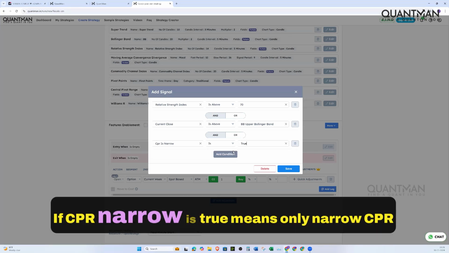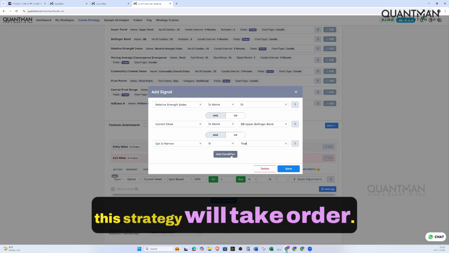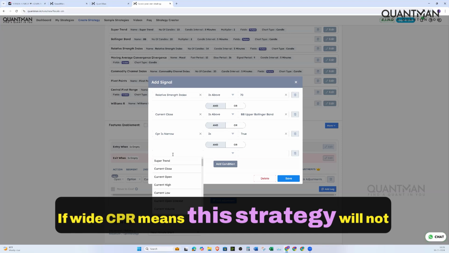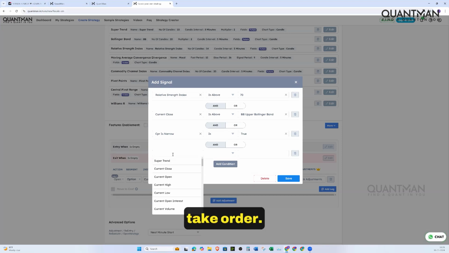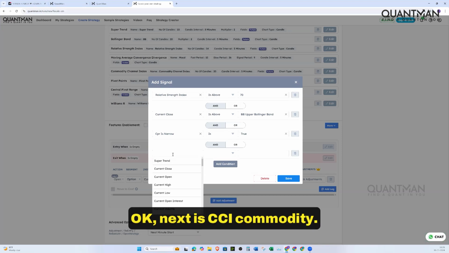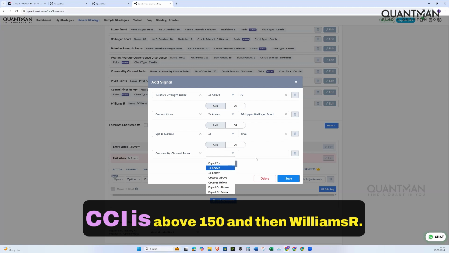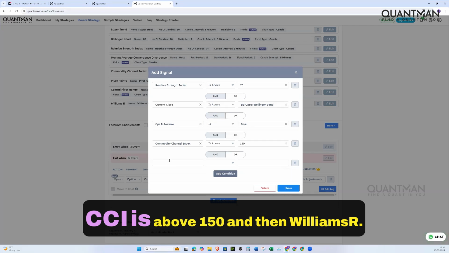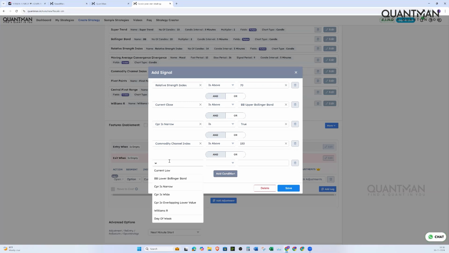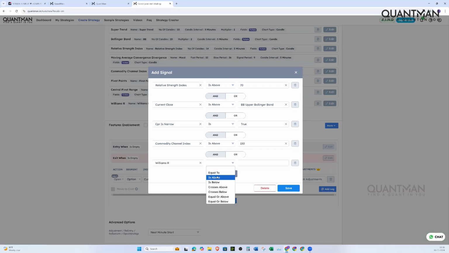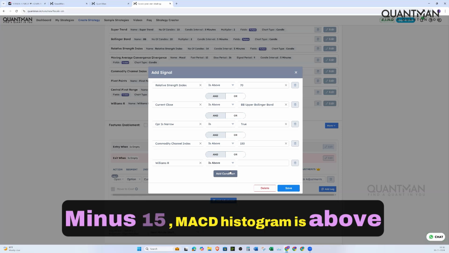If CPR is narrow, only then will this strategy take order. If wide CPR, this strategy will not take order. Okay. Next is CCI, commodity channel index. CCI is above 150 and then Williams R minus 15.